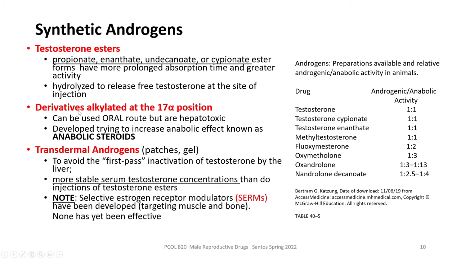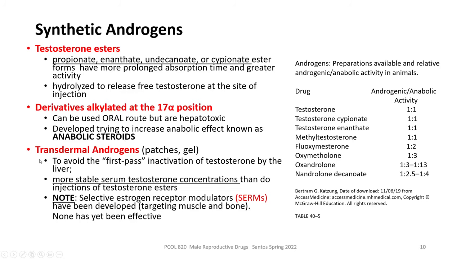Derivatives alkylated at the 17 alpha position can also be used. Those can be given orally, but they are hepatotoxic. Those are also drugs that were developed trying to increase the anabolic effect of testosterone, and they are known as anabolic steroids.